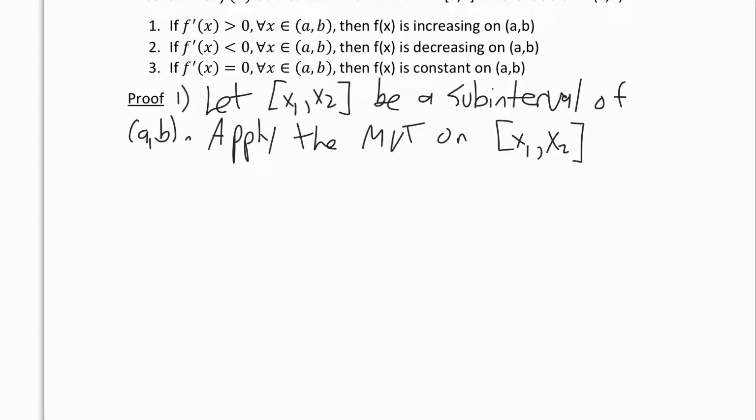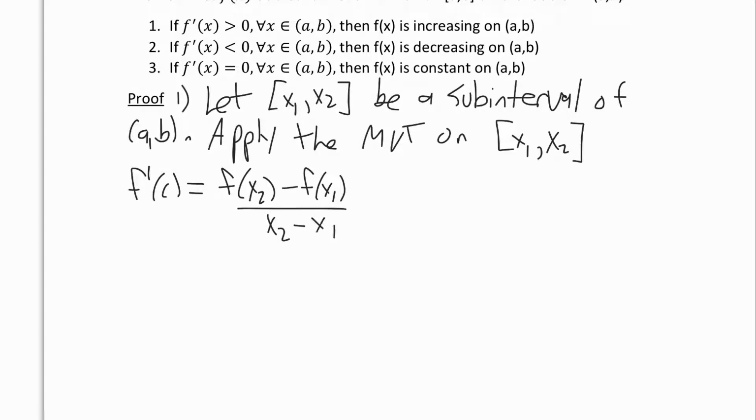Well, the mean value theorem says that f prime of c equals f of x2 minus f of x1 over x2 minus x1, where c is in the interval of x1 to x2. So c is in that interval.